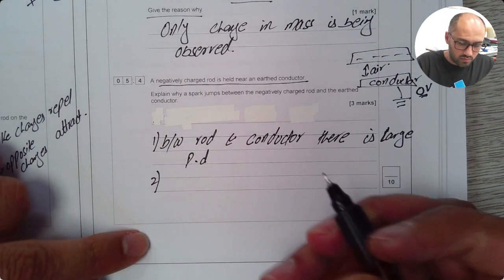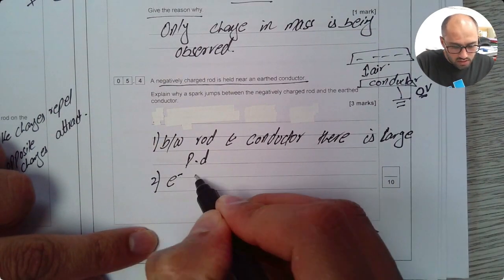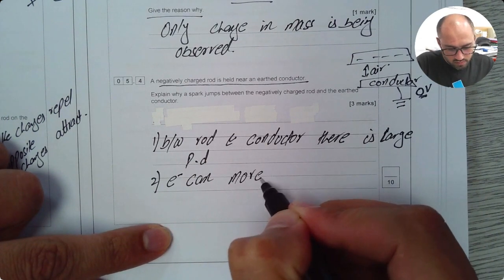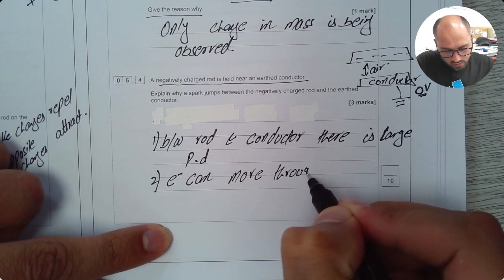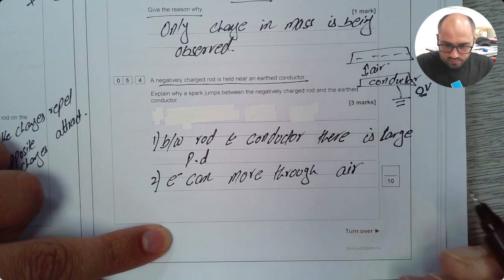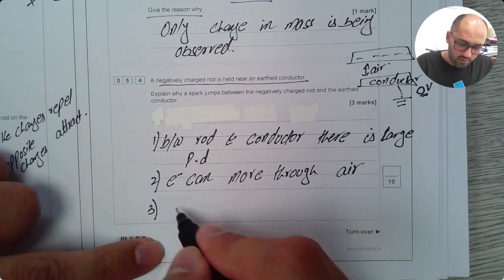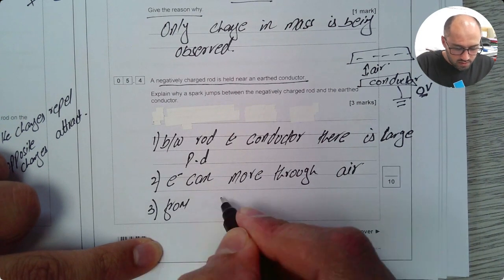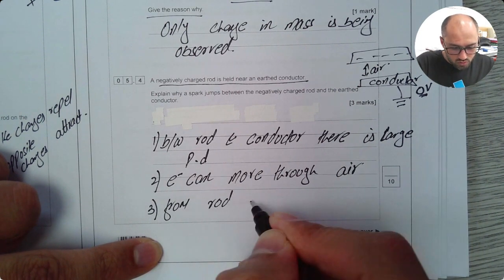Therefore, electrons can move through air. Number 3, I have to tell them from where to where. So from rod to conductor.